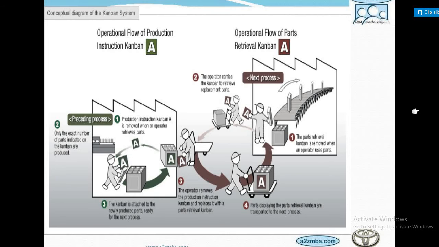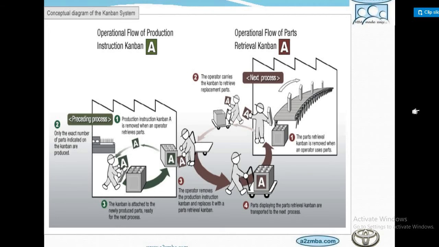So the first point is that we get the number of parts the operator needs, and that exact number of parts is indicated on a Kanban card, and that amount of products is produced. Then the third point is the Kanban is attached to the newly produced parts, ready for the next process. This is the operational flow of the production instruction Kanban.